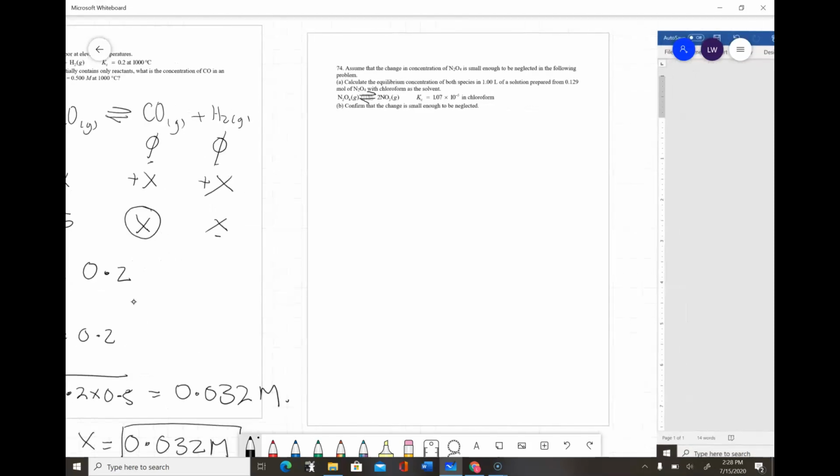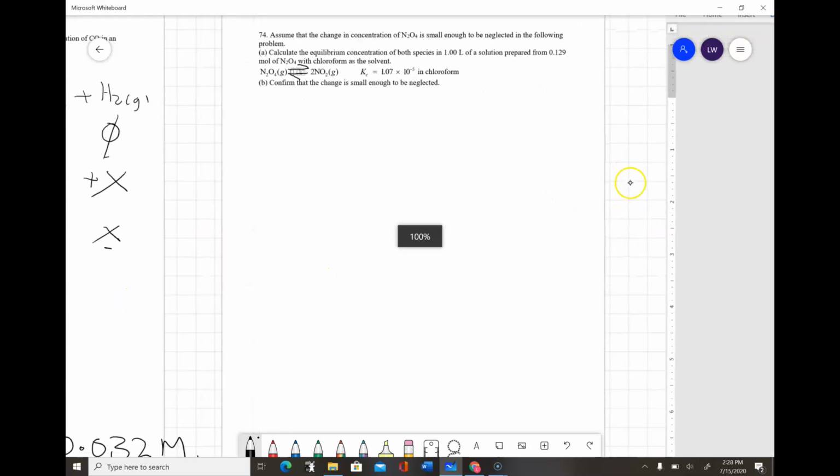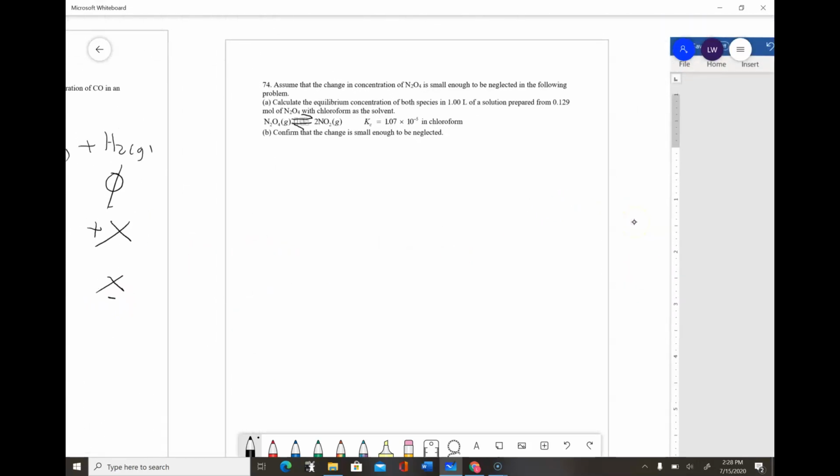74. Let me zoom in a little bit. There we go. Okay, so it says, assume the change in concentration of N2O4 is small enough to be neglected in the following problem.